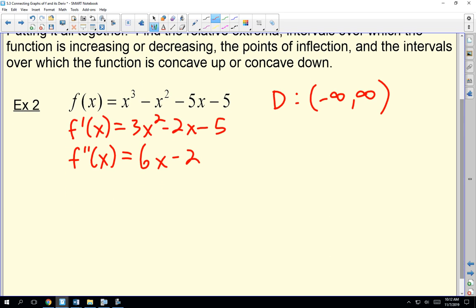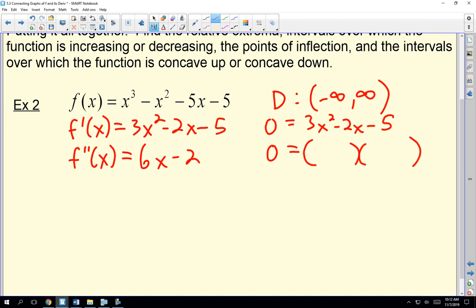Okay, and then we're going to set the first derivative equal to 0 and solve it. A lot of these are factorable. This one is. So we've got 3x and x minus 5, plus 1. So they're mostly factorable.